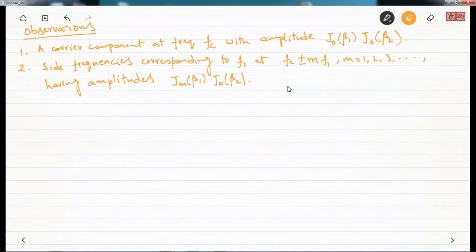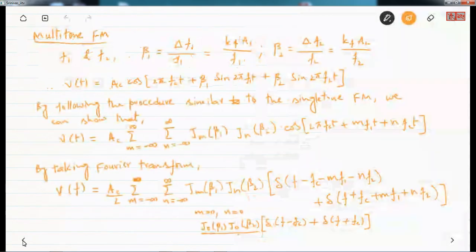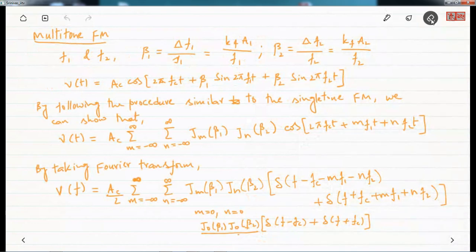And each such side frequency magnitude is determined by Jm of beta 1, multiplied by J naught of beta 2, right? So note this down and then we'll go back just once to see that. Okay, so this is the frequency component corresponding to the carrier frequency. So let me erase this.